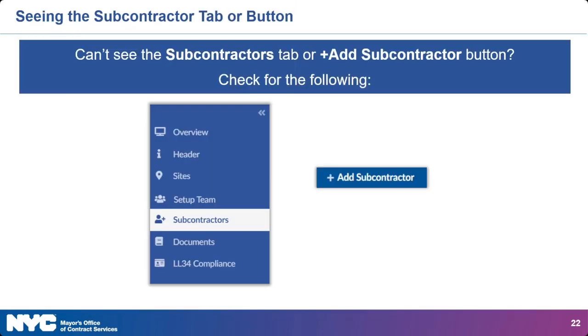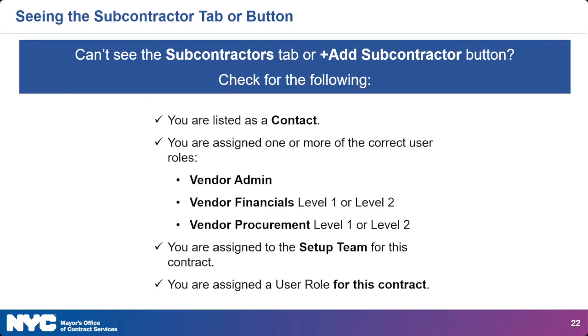Again, if you don't see the Subcontractors tab or the Add Subcontractor button, you have to do a couple of checks. Check that you are listed as a contact and that you have been assigned one or more of the relevant user roles, right? That's vendor admin, vendor financials, or vendor procurement.